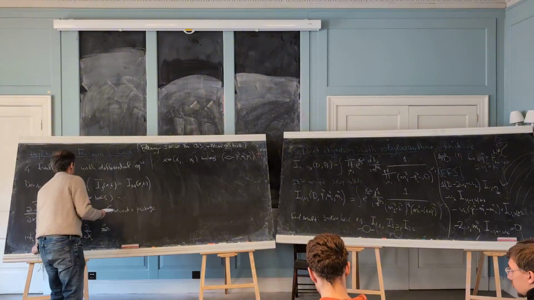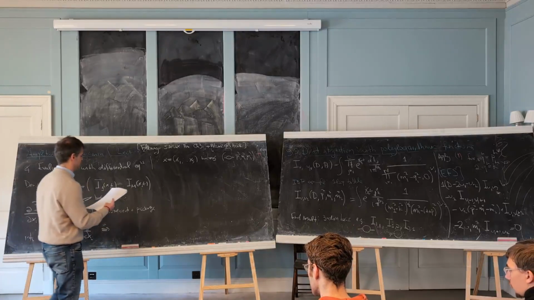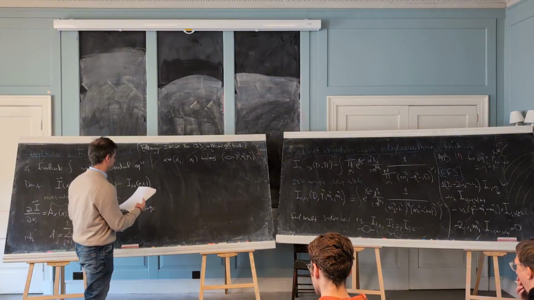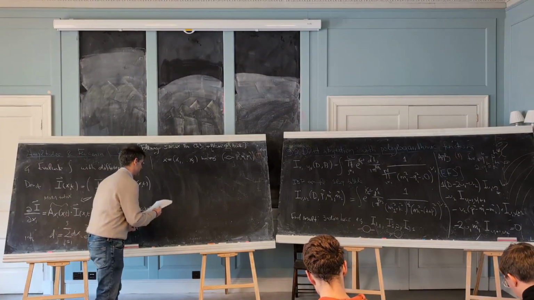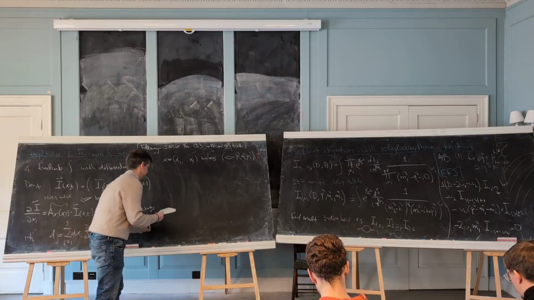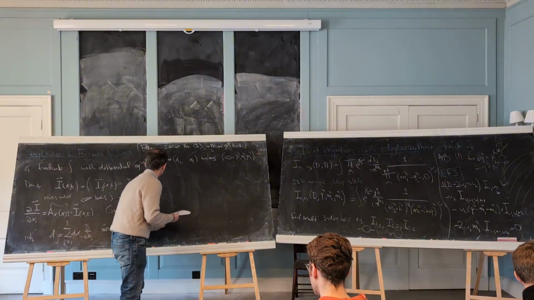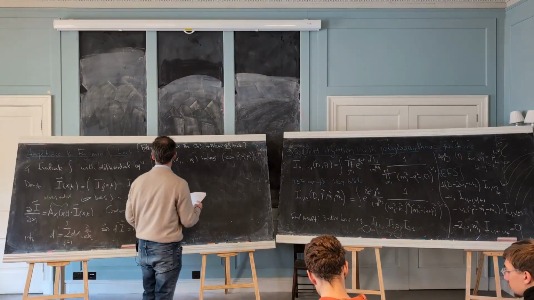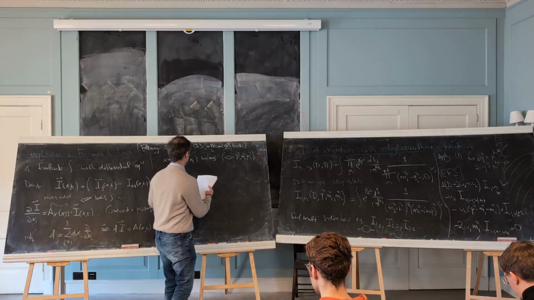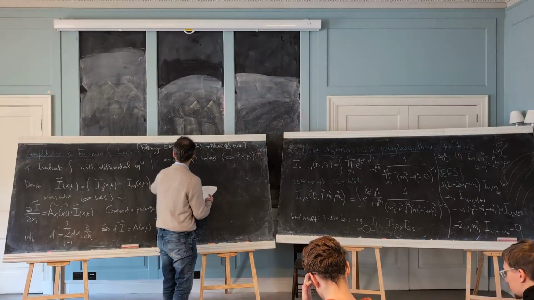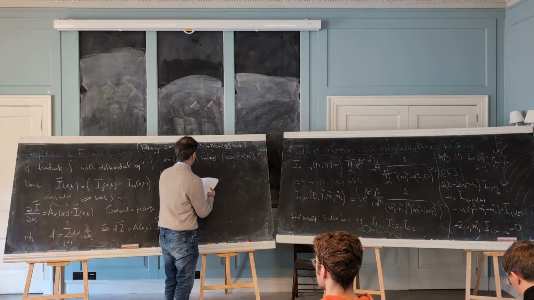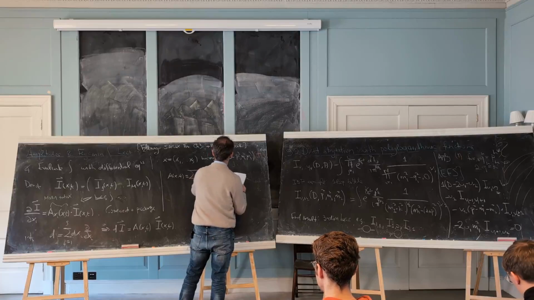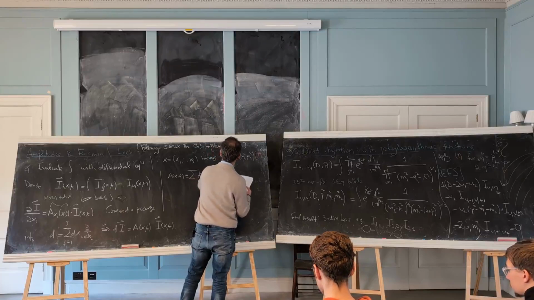And so we can write this set of differential equations as d acting on the vector I equals this matrix A, where this matrix A is really the matrix A_xi times dxi.